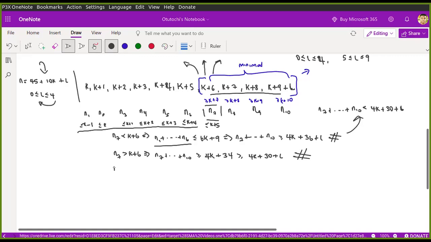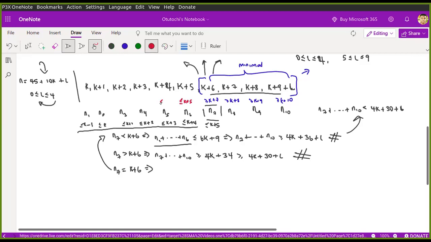And finally, if n7 is equal to k plus 6, that's just going to imply we'll do something similar to that. We have actually merged the two cases together. If this is equal to k plus 6, we'll have, of course, n6 is going to be less than or equal to k plus 5 here, right?